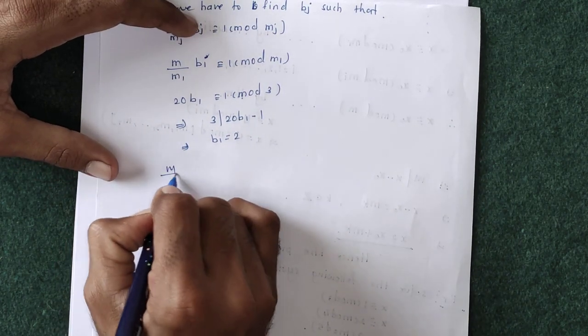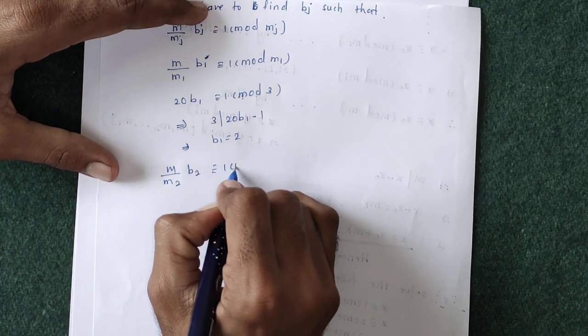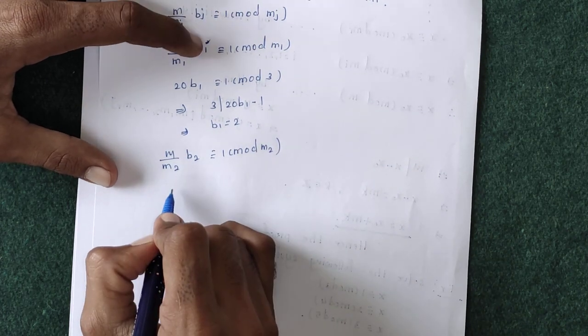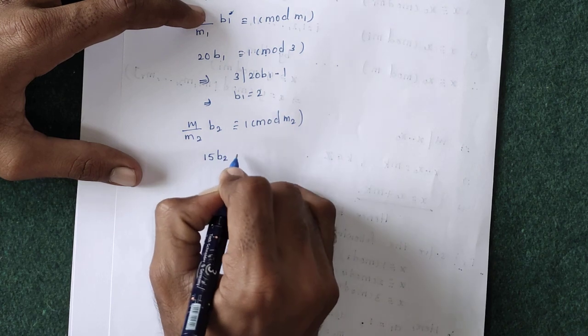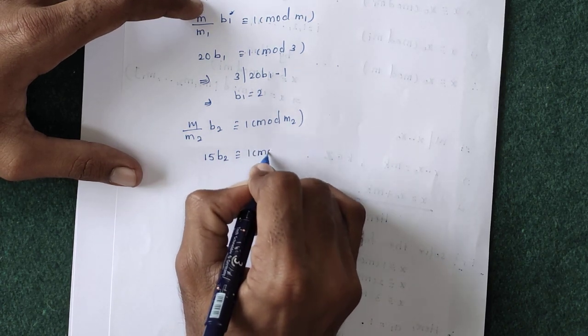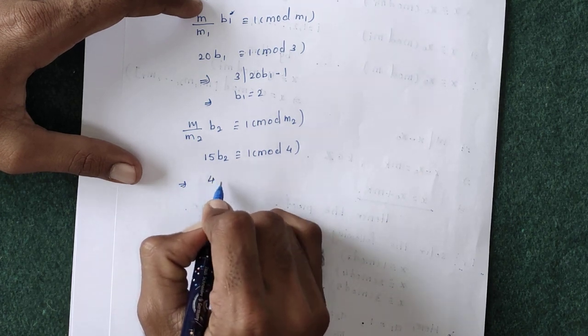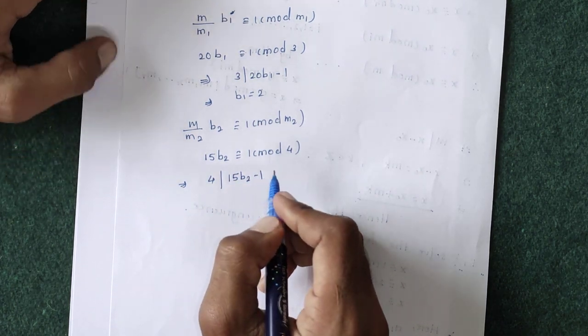Now m by m2 into b2 is congruent to 1 modulo m2. So m by m2 is 15, and 15 b2 is congruent to 1 modulo 4. By the definition of congruence, 4 divides 15 b2 minus 1.